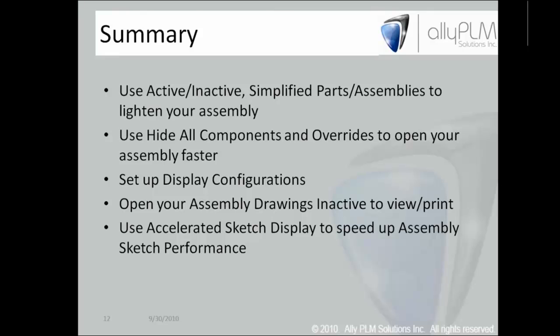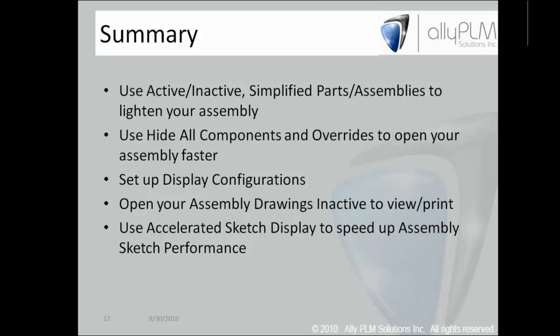All right, to summarize what we talked about today, we can use active and inactive simplified parts and assemblies to lighten your assembly. Also, on the File Open dialog box, we can combine that with hide all components to instantly open your assembly and then show and activate the certain parts you're going to be working on, to help keep memory free.